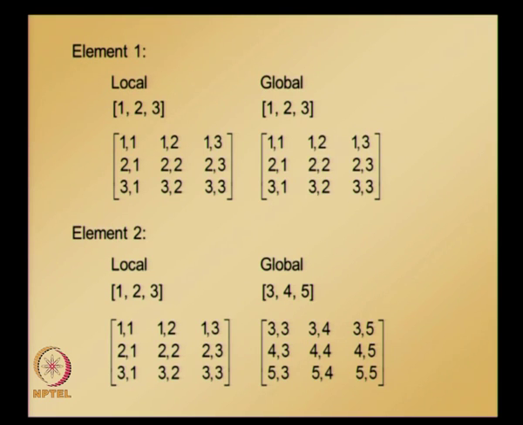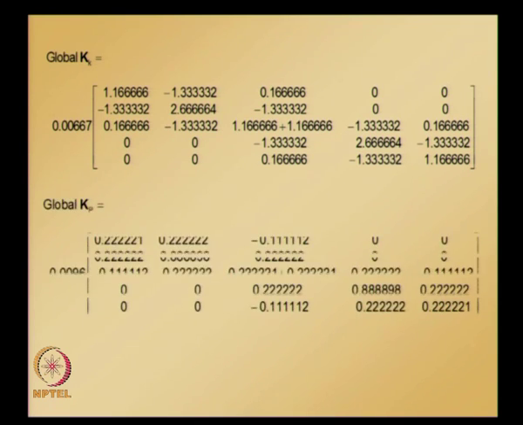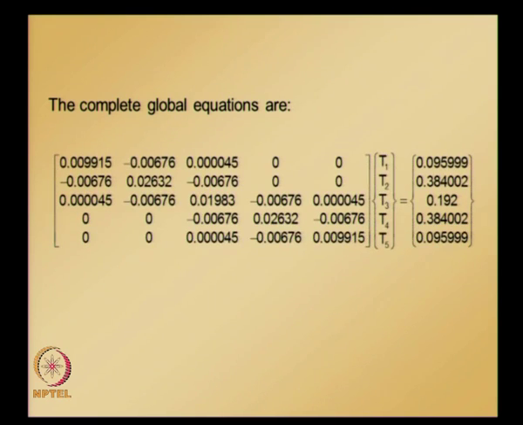So using this we can directly write global matrices K, Kp, by plugging in the contribution of element 1 and element 2 into the appropriate locations, and global R. So once we have all these matrices, complete global equations can be obtained, which is going to be a 5 by 5 equation system.